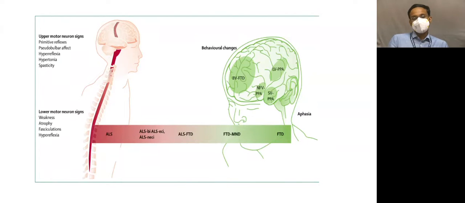Now, apart from the motor weakness that one defines with the syndrome, some of them can also have some cognitive impairment associated with it, and predominantly it affects the frontal lobes and occasionally the frontotemporal lobes. So the manifestations that we might get in the history, apart from upper and lower motor neuron limb weakness, would be any history of behavioral abnormalities, difficulty in carrying out day-to-day activities, or sometimes even language dysfunction.